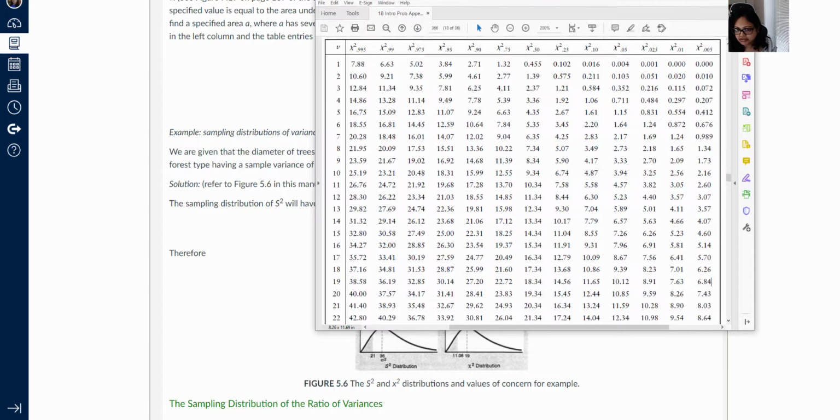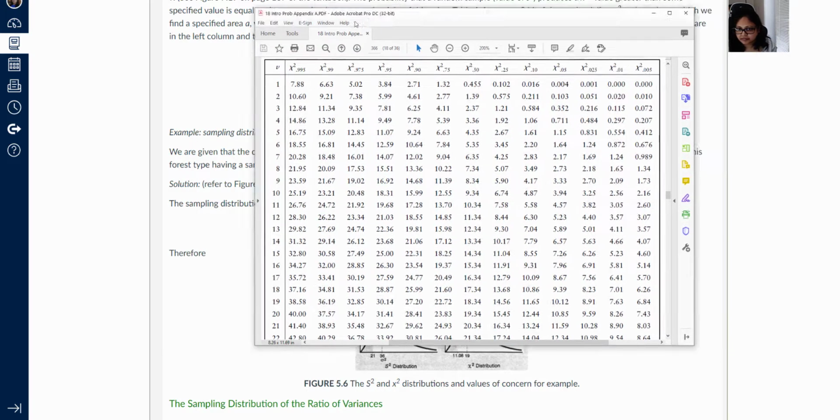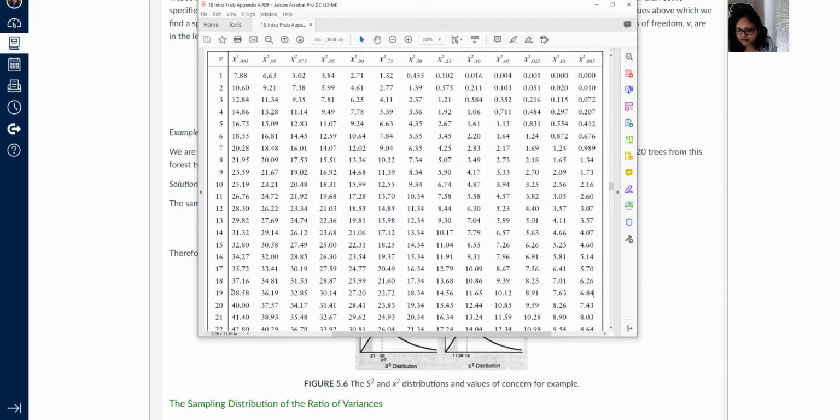For 19 degrees of freedom, you need to look for 11.08. So 11.08 is closer to maybe 10.212, or you can use Excel or the appropriate tool, because sometimes we cannot find the exact value, then you can take either of them.